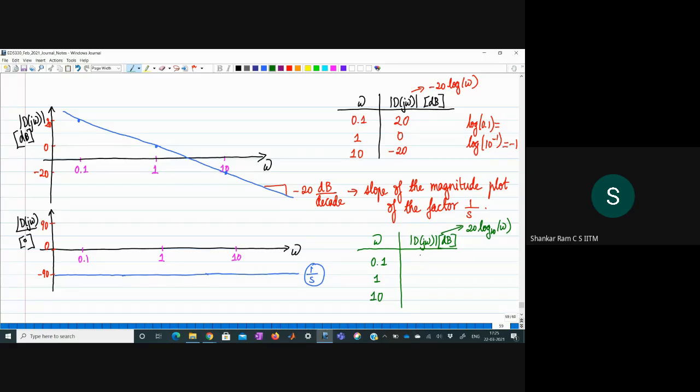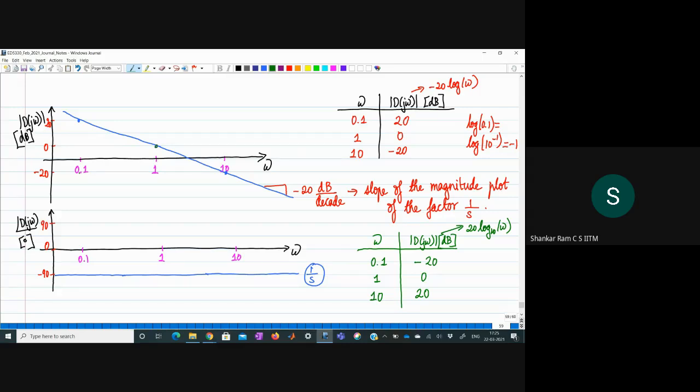Now it's 20 log omega. It will be minus 20. Yes, correct. Because the log of 0.1 will be minus 1. Now there is no minus 20 to multiply with, it's plus 20. So 20 multiplied by minus 1 will be minus 20. Log of 1 will be 0, and at 10, what will you get? 20. Very good. So you can immediately see that we are going to have a mirror image.